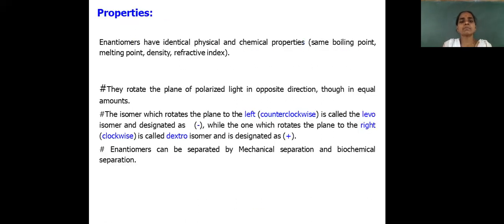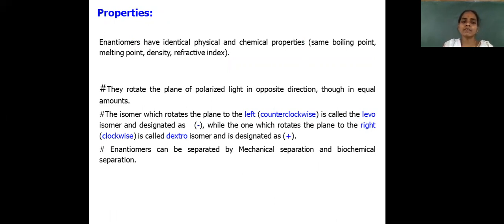And if you see some of the properties of enantiomers, the two enantiomers have the same physical and chemical properties, meaning the same boiling point, melting point, density and refractive index, and they show activity towards the plane polarized light in opposite directions.